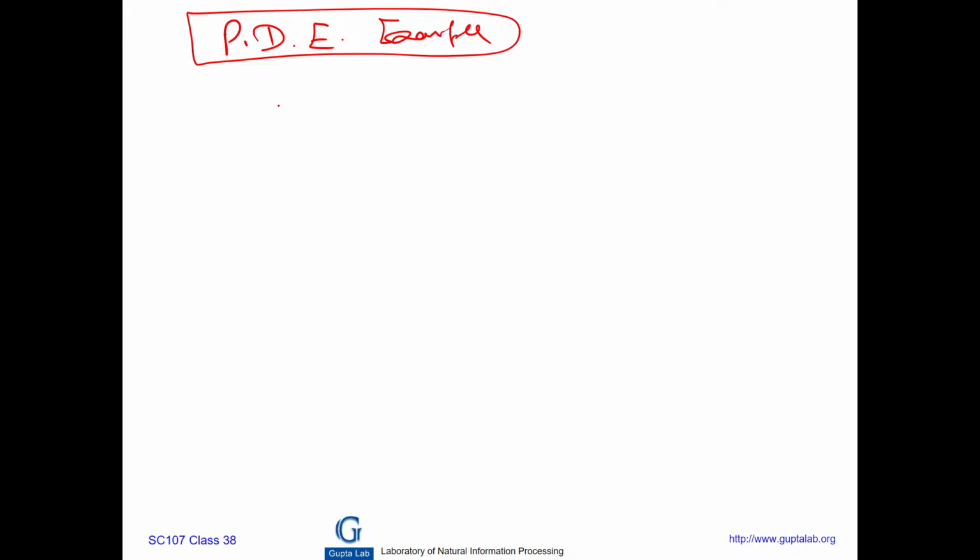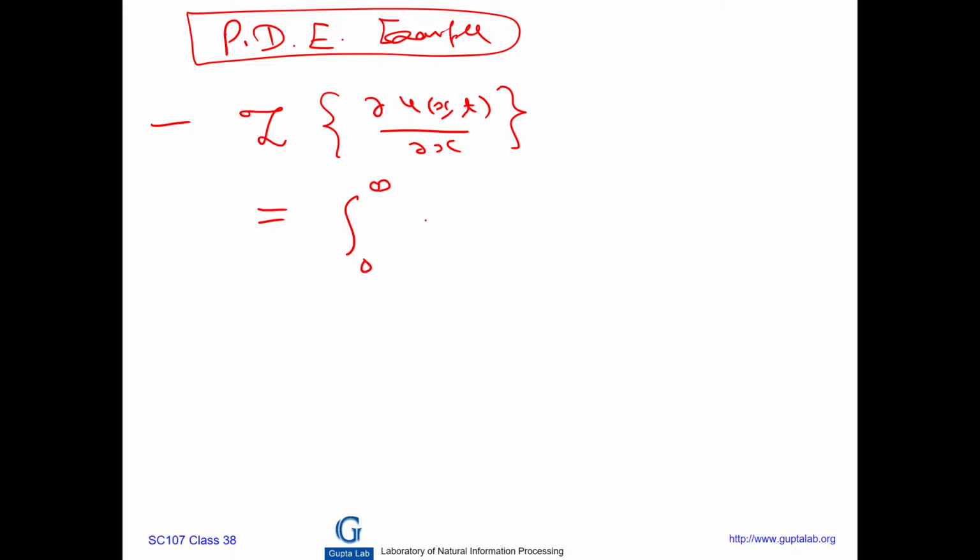Okay, so first of all, Laplace transformation of del u of x,t over del x will be what? 0 to infinity del u over del x e raised to power minus st dt, right?